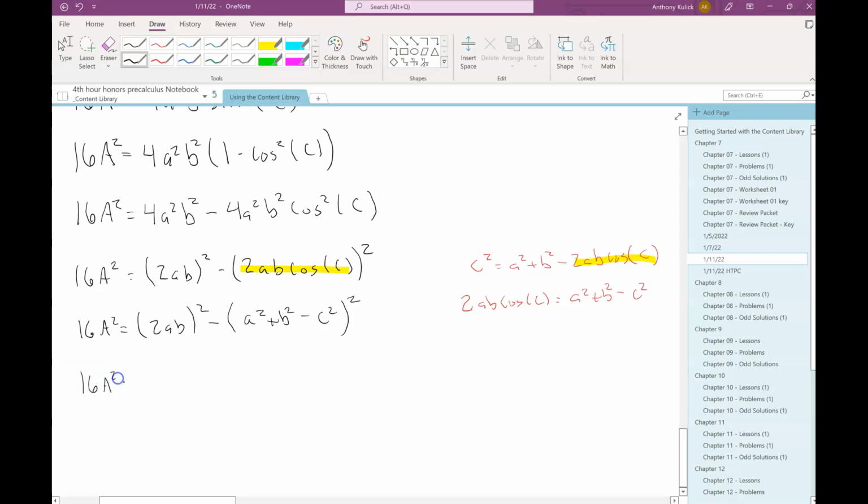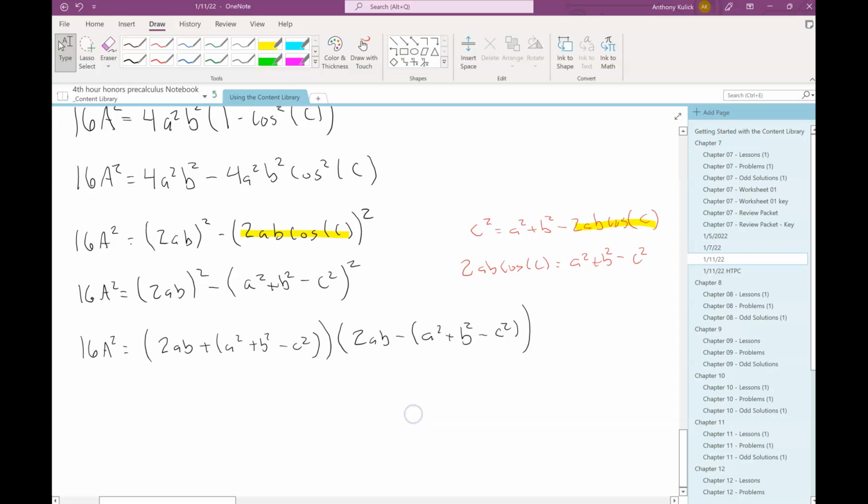Now I'm going to do my difference of two squares. Everybody okay?